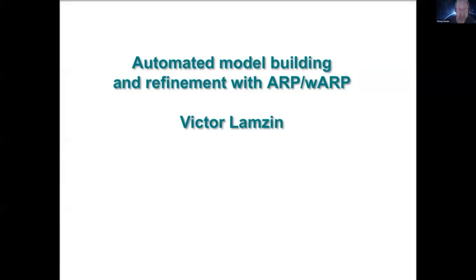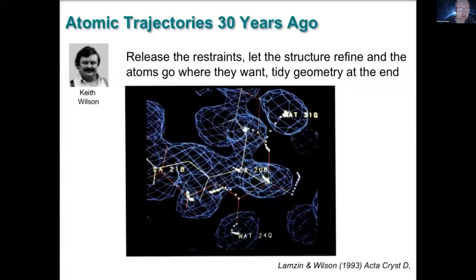So yes, indeed, it was 30 years ago when I made the first presentation about ARP, but this is before, in 1992. At that time, I had just joined the lab of Keith Wilson at the EMBL in Hamburg, and he was working with Bishop, Dauter and colleagues, trying to figure out what's the best way to refine the protein structures, particularly how to use restraints, tight, relax them.